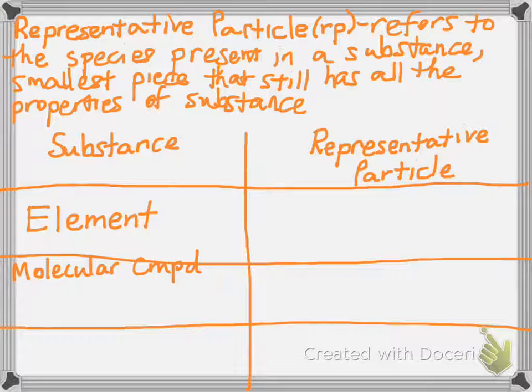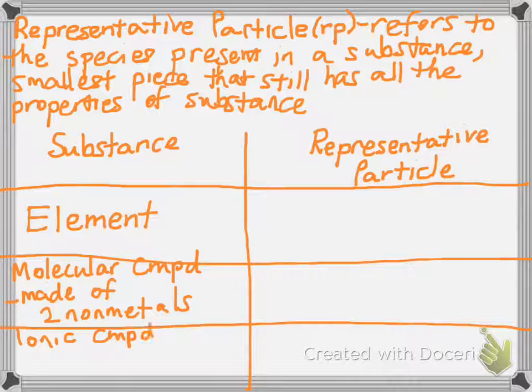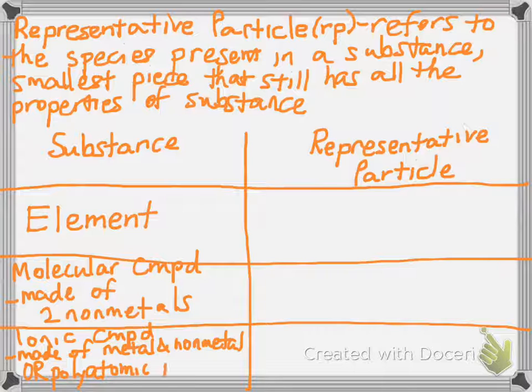And remember, we know something's a molecular compound because it's made of 2 nonmetals. And our last kind of substance is an ionic compound. And remember, we know it's an ionic compound because it's made of a metal and a nonmetal, or it has a polyatomic ion in it. So those are our 3 types of substances that we've talked about.